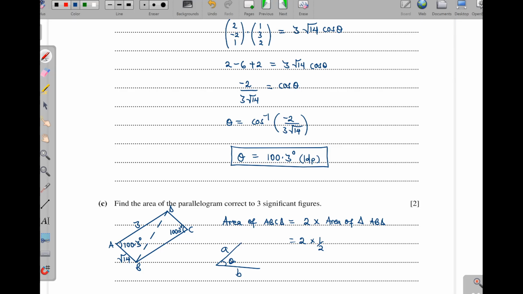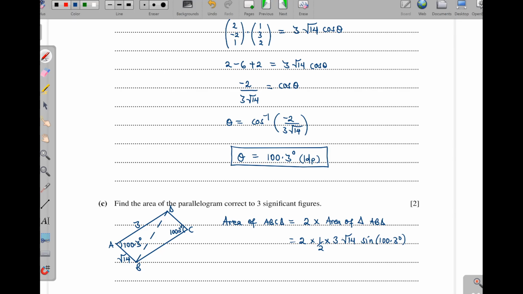So it will be a half times A times B, then sine of theta, okay? This one here, then times, this will be 3, then root of 14, and then sine of this 100.3 degrees, okay?